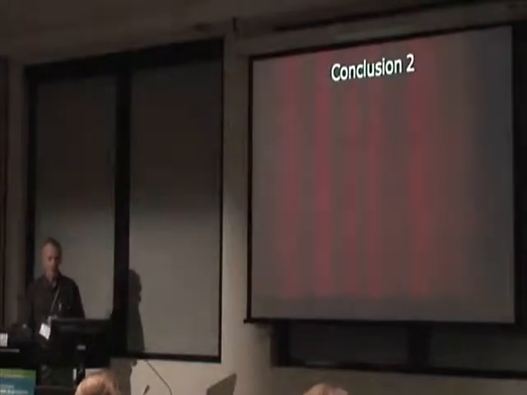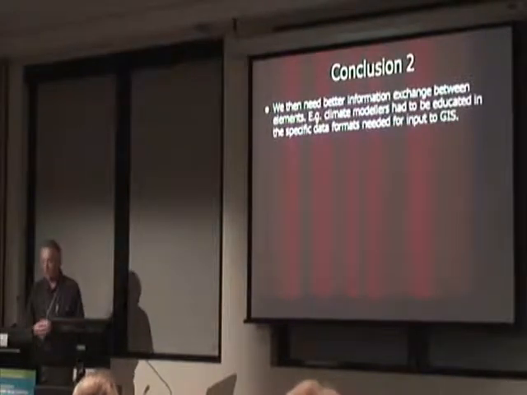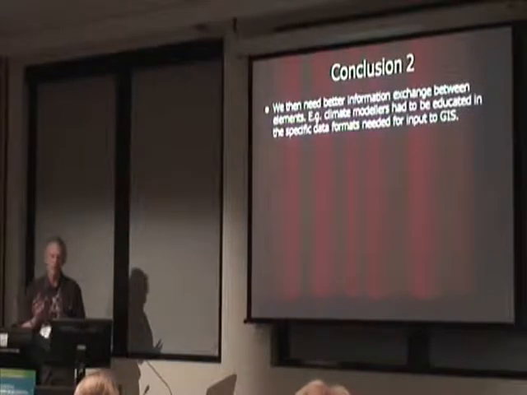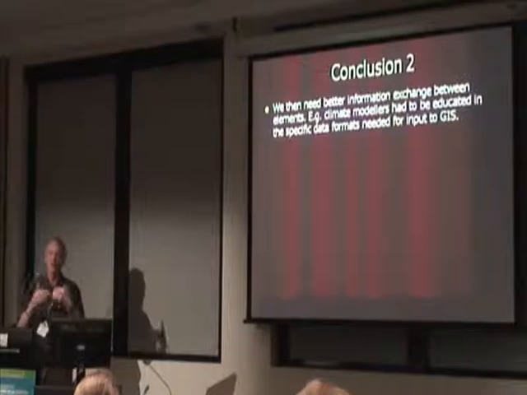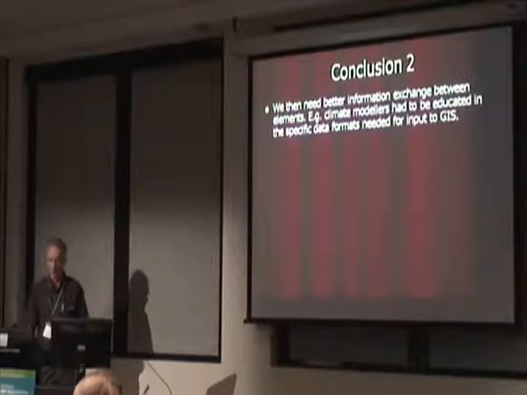On the visualisation side of things, it was immediately apparent that we needed better exchange capabilities. The climate modelers, for example, those who are doing the regionalisation, didn't know anything about GIS formats and therefore had to be told to prepare new output routines that would output their data in GIS ASCII format that could be easily read.